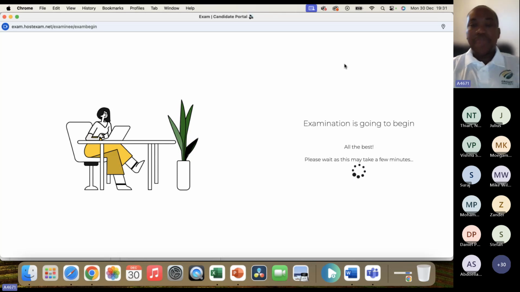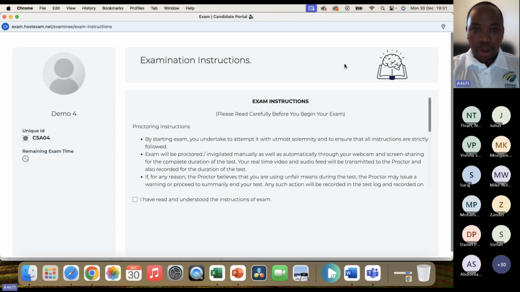So for example, the exam is going to start at 9 a.m. South African time on Saturday. If you have done all of your authorizations by 8:45, for example, you will not be allowed into the exam room before 9 a.m.